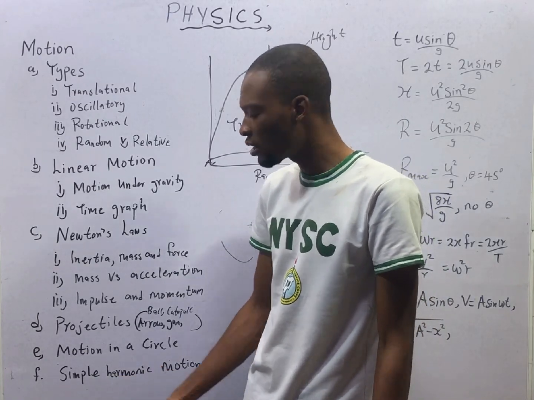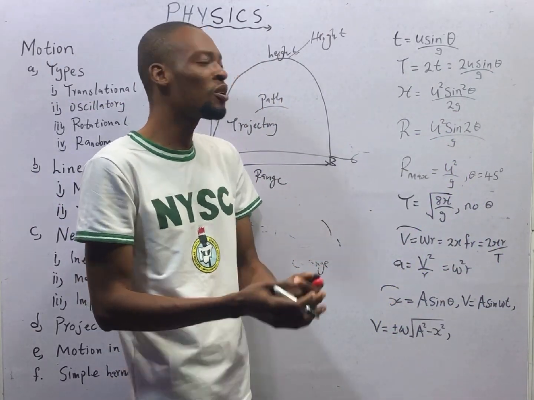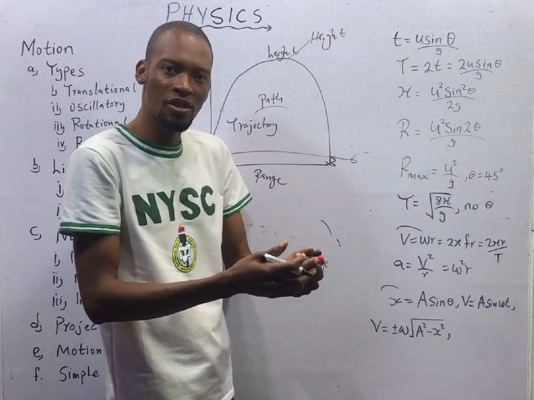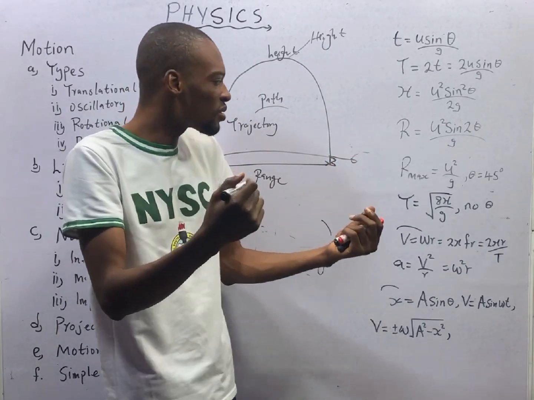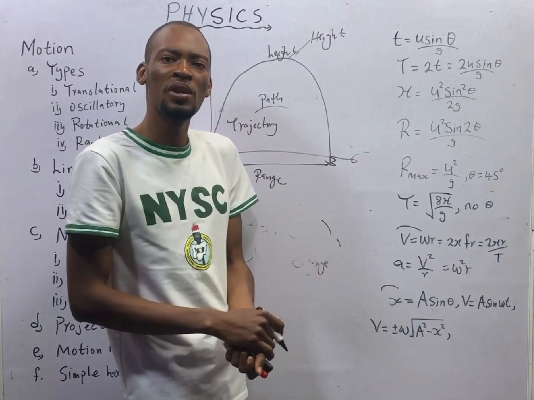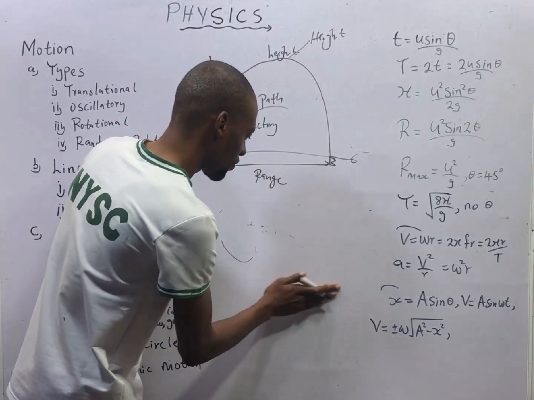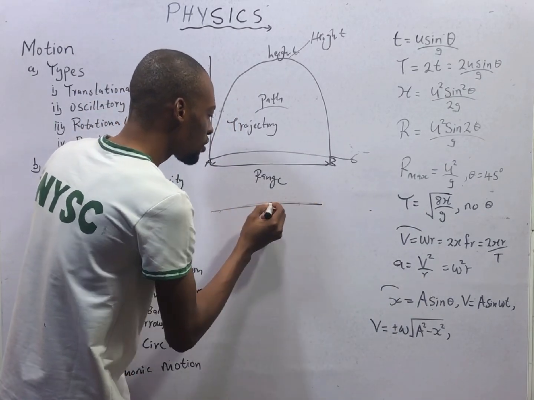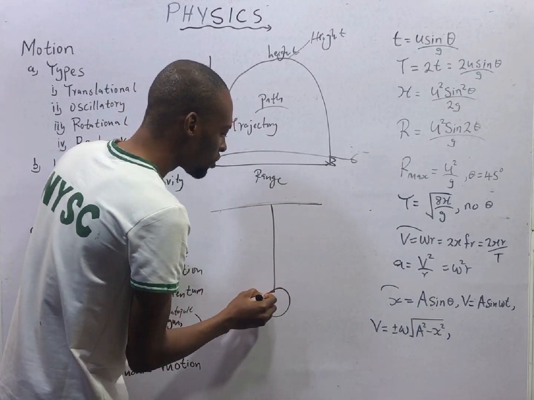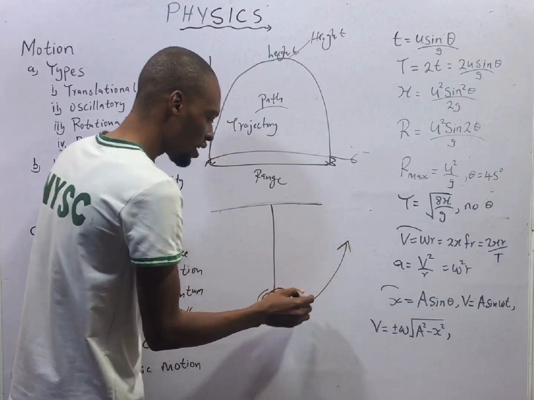Now, simple harmonic motion. Simple harmonic motion is an oscillatory or vibratory motion of a body about a fixed point whose acceleration is always directed towards that fixed point. If you have a mass on a spring or a simple pendulum, once you push it, it goes here and comes back.